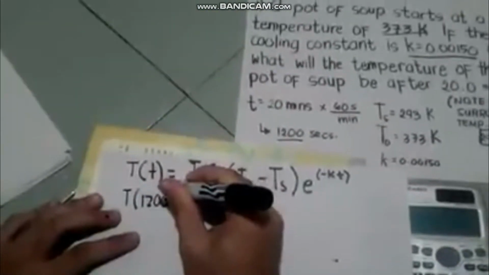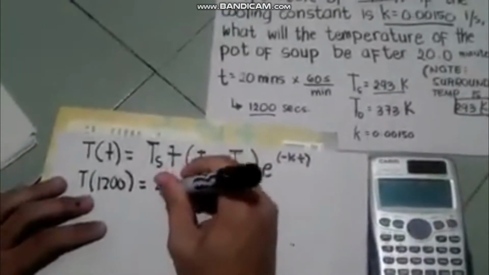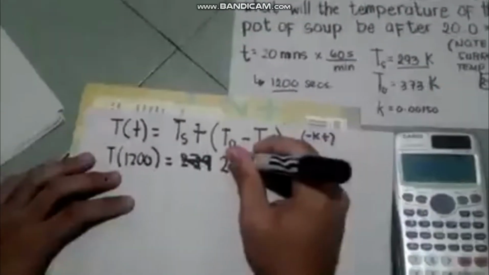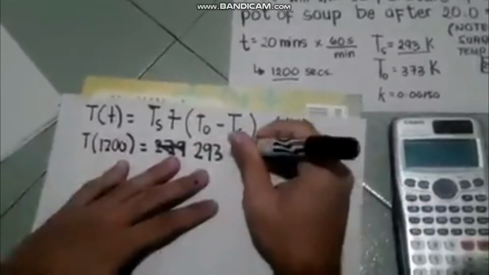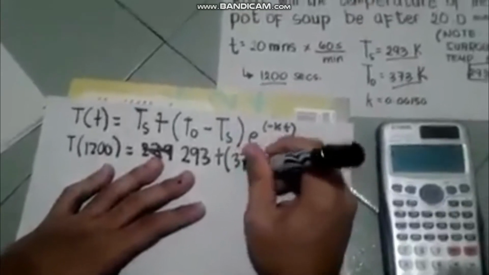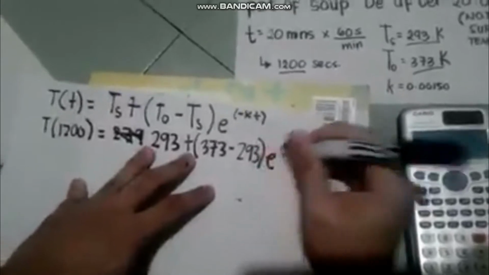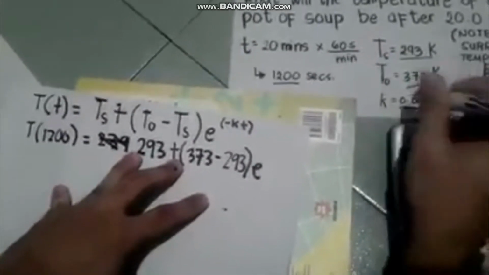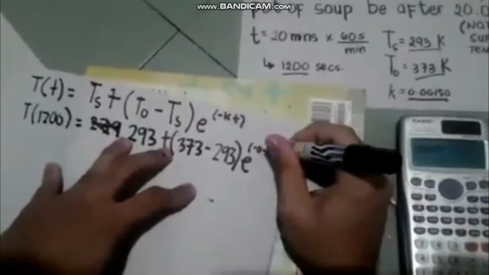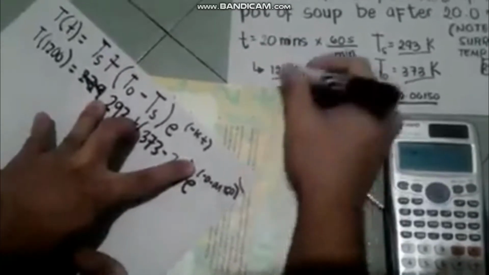The temperature at 1,200 seconds is equal to 293 plus the quantity of the object temperature, 373 minus 293, then e raised to negative k, we will make it negative, negative 0.00150 times the 1,200.